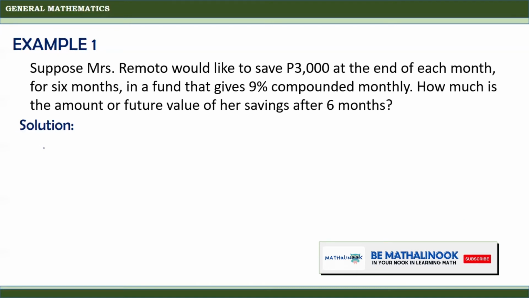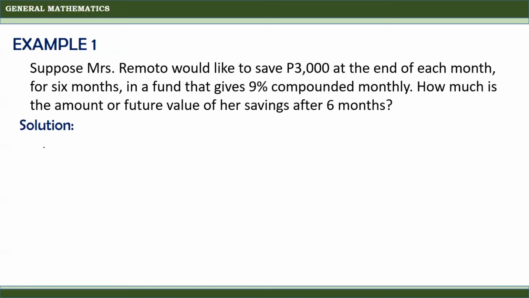Remember that our formula for the future value of annuity is given by F is equal to R times 1 plus J raised to N minus 1 all over J, wherein R is the regular payment, J is the interest rate per period, and N is the number of payments.